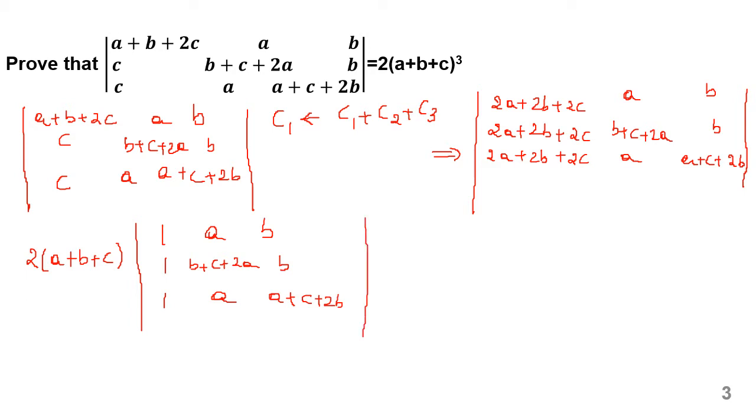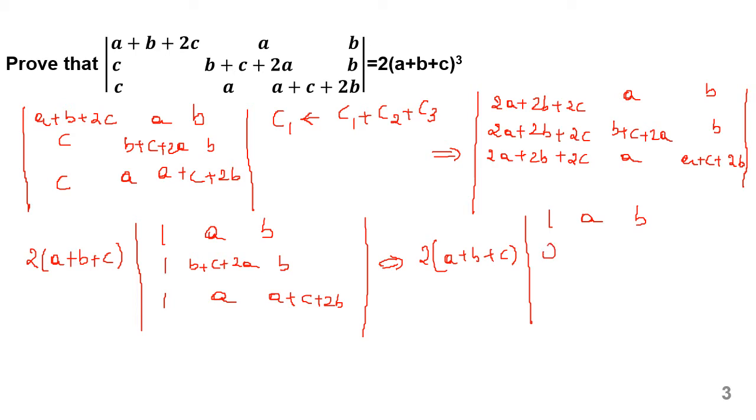Next, we'll write the second row as second row minus the first row. Similarly, third row is equal to third row minus the first row, which will give us 2 into (a plus b plus c) into determinant of 1, a, b. So 1 minus 1 will be 0.